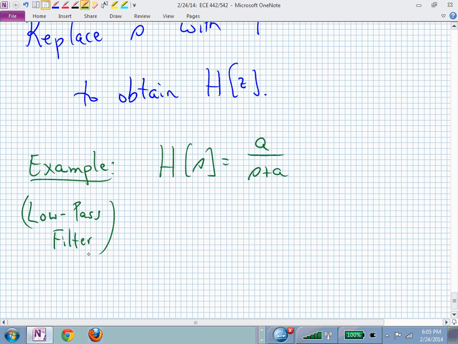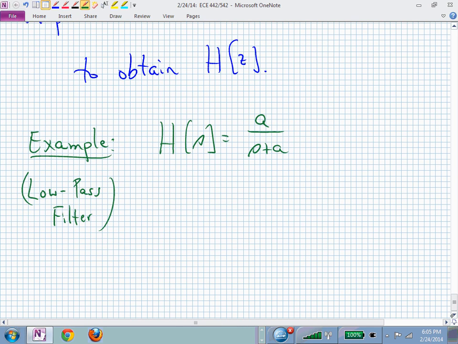That's a low-pass filter. In terms of the analog properties, where's the pole of this low-pass filter? That's the value of s that causes that denominator, or values of s that cause that denominator to vanish, and there's only one of those. That's the first order.